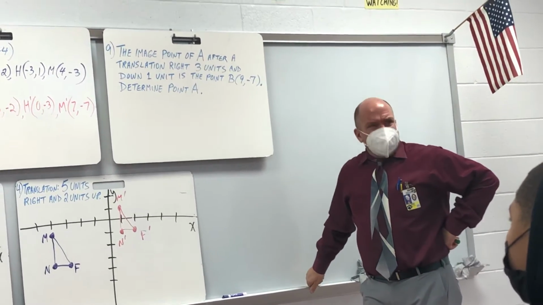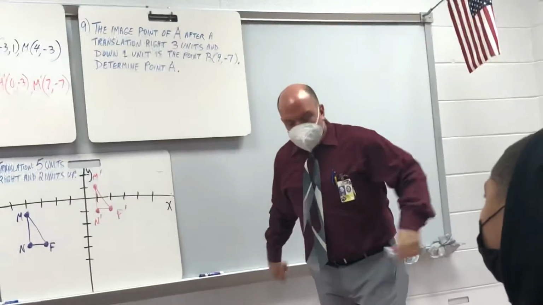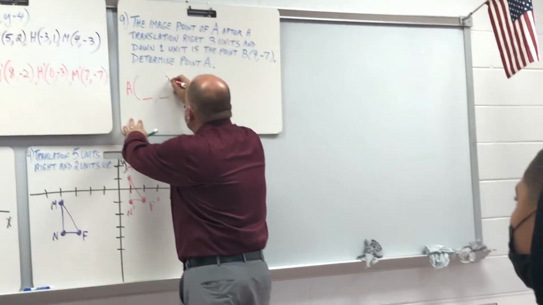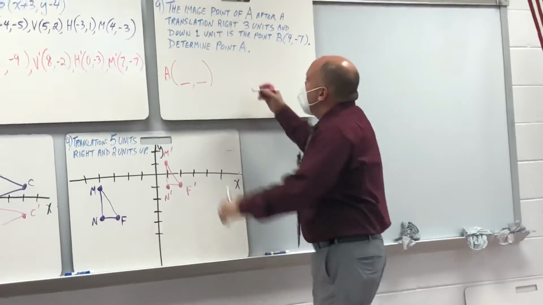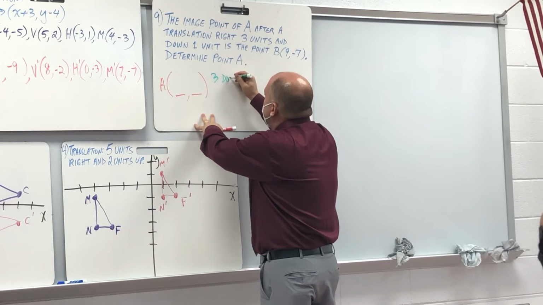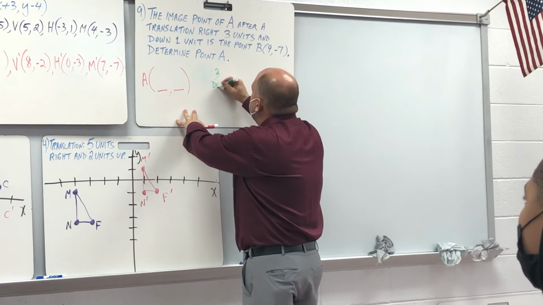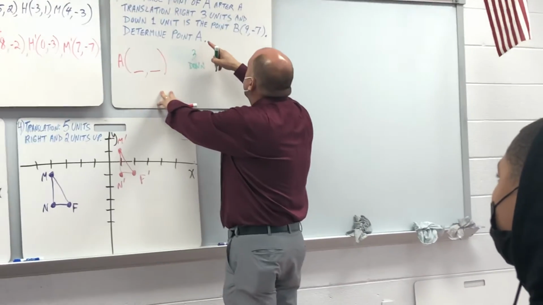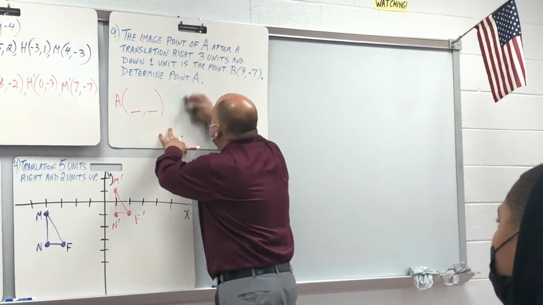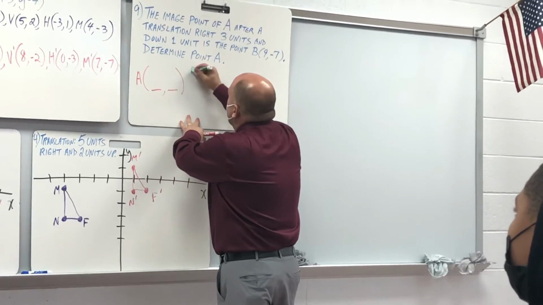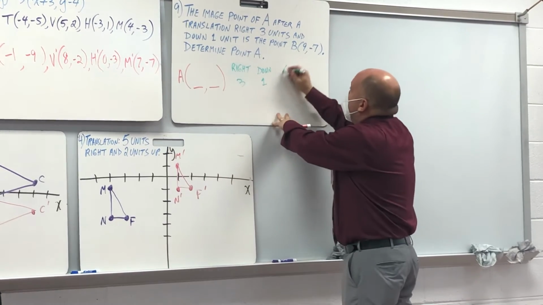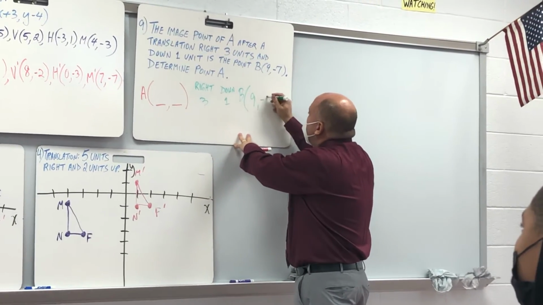Determine point A. All this means is there's a point A, something, something, that after going to the right 3 and down 1 will take me to B, 9, negative 7. Man, I am really having a day.